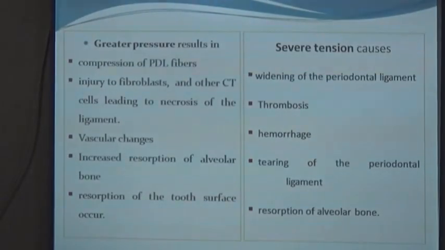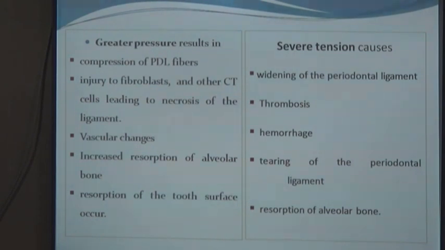Understood? In trauma from occlusion, when pressure comes, all these things occur. When tension comes, all these things occur. You remember, in the periodontal ligament, when there is pressure, there is going to be necrosis. When there is tension, there is going to be widening of the periodontal ligament. Okay.